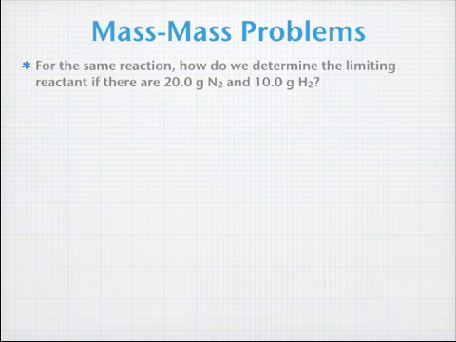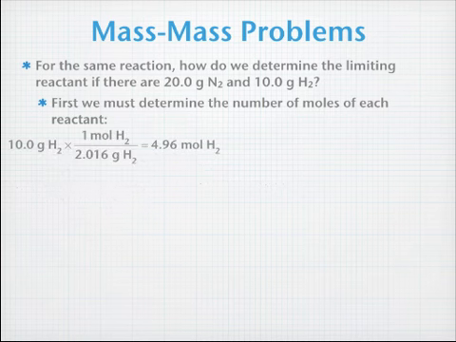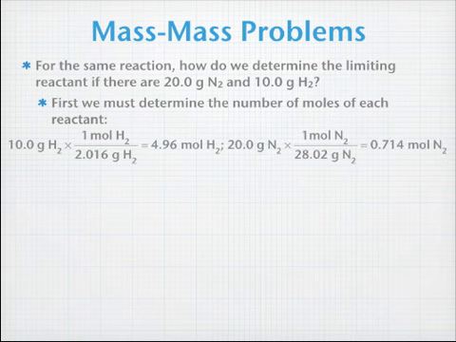So if you're given mass, the first thing you have to do is determine the number of moles of each reactant using the molar mass. So for the number of moles of hydrogen, take the 10 grams, multiply by 1 over the molar mass to get the number of moles. Hopefully this is very familiar and doesn't need any further explanation. Nitrogen, the same thing. Take the 20 grams of nitrogen, multiply by 1 over the molar mass, and we have the number of moles of nitrogen.